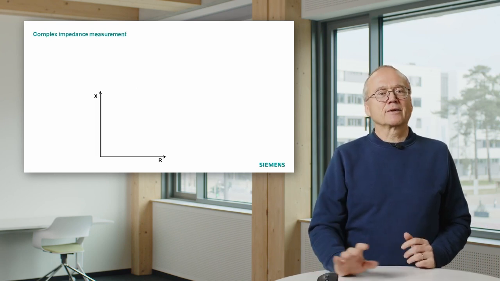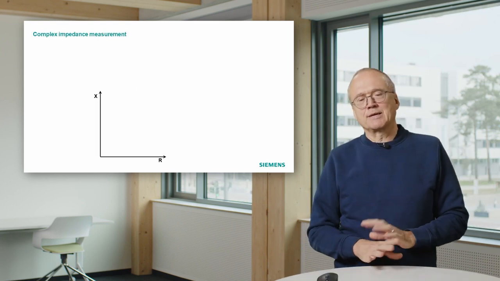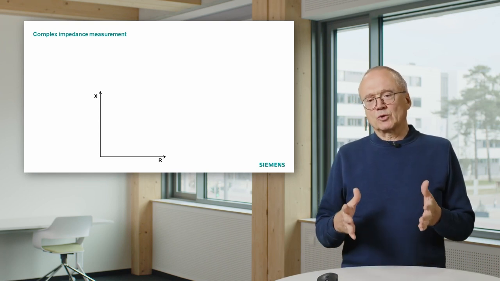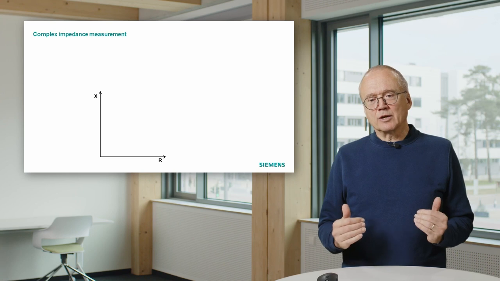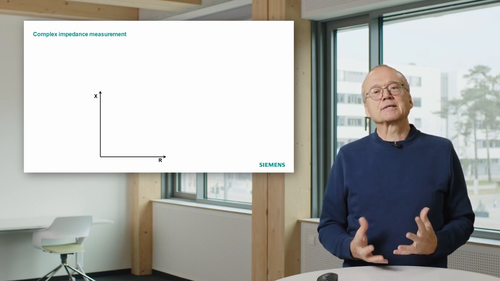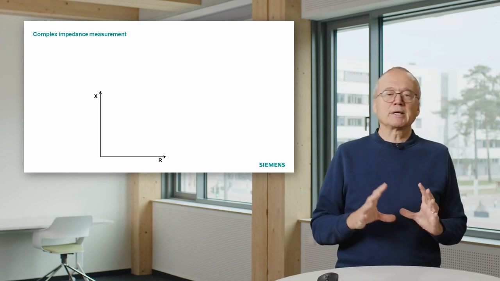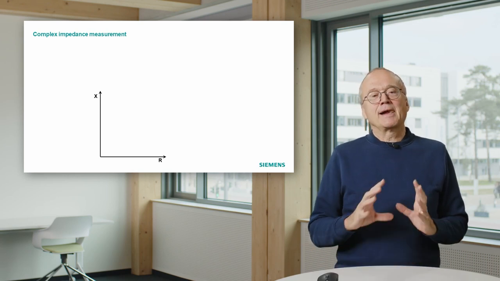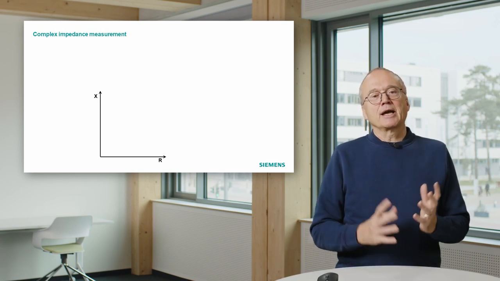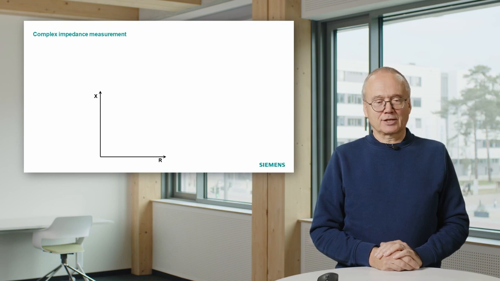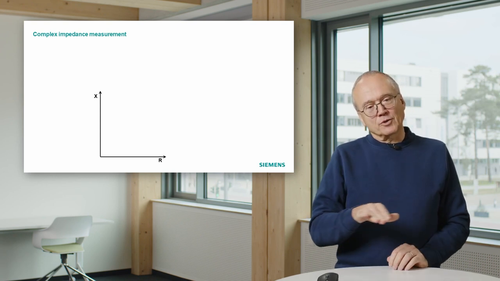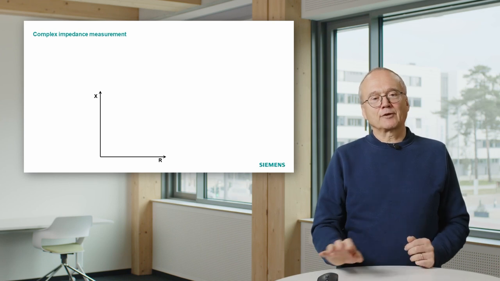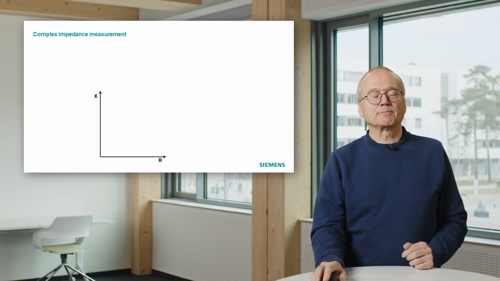Another thing is we are dealing with AC. That means we cannot talk about resistances. We represent impedances by complex values. That means an impedance consists of a resistive part and a reactive part, and we show that in such a diagram where the resistive part is the horizontal axis and the reactive part is the vertical axis.